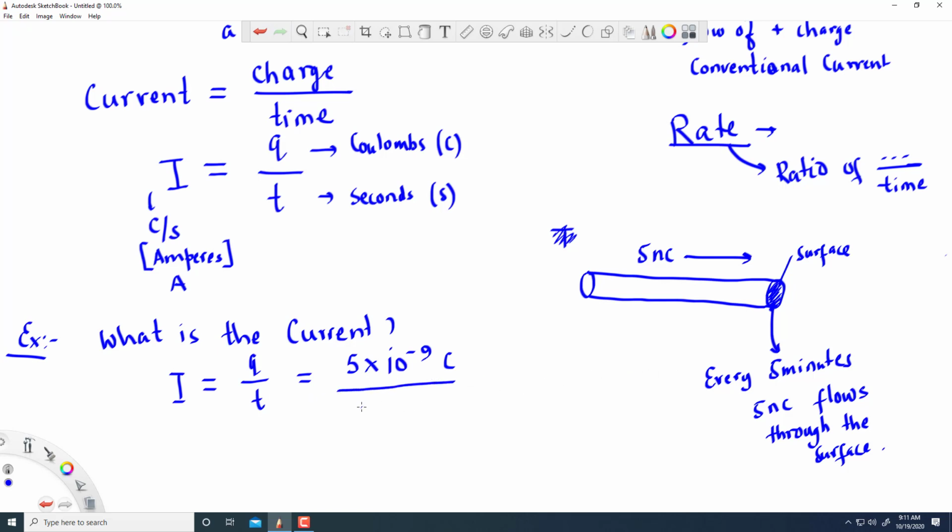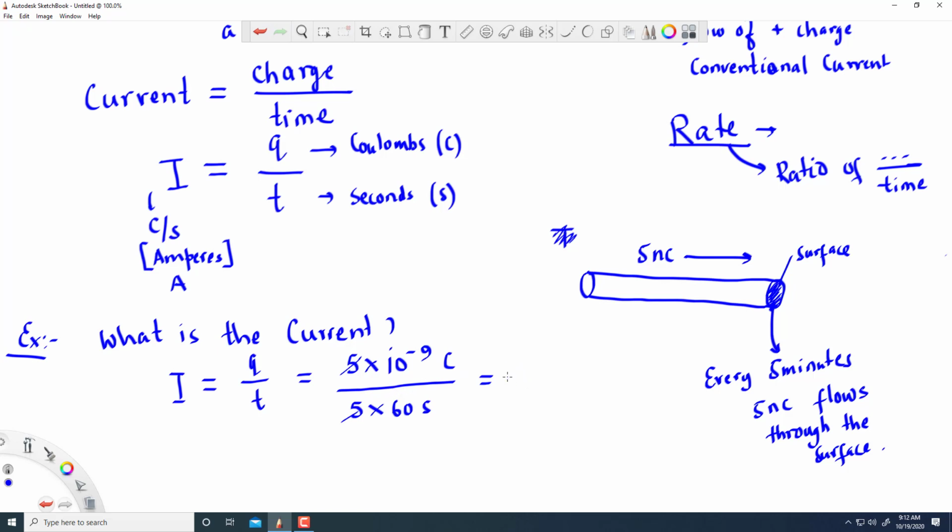Time is, we are measuring every 5 minutes, change that to seconds because time is measured in seconds. 5 minutes is 5 times 60 seconds, and then if you do the calculation, 5 and 5 cancel, so 10 to the negative 9 over 60.